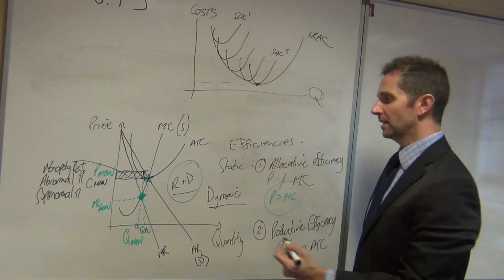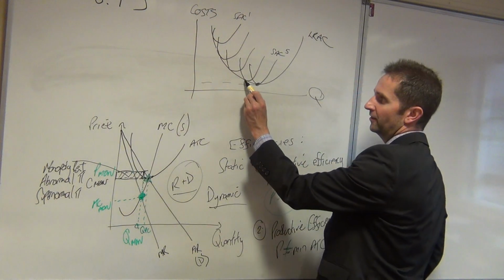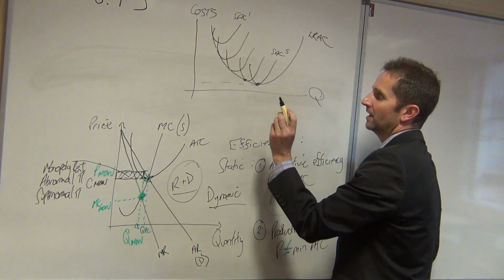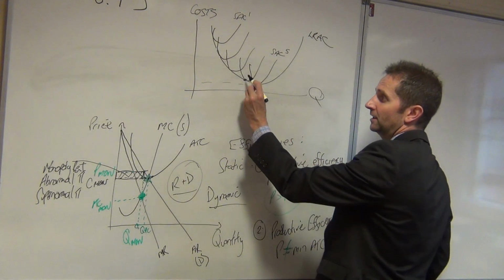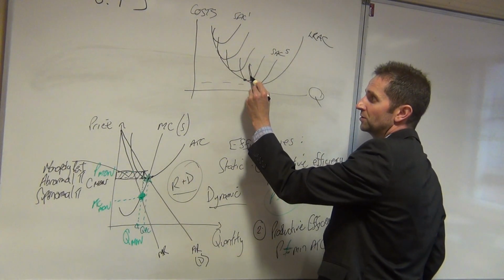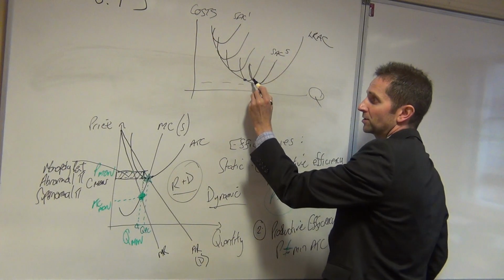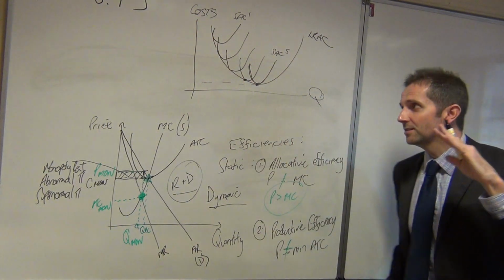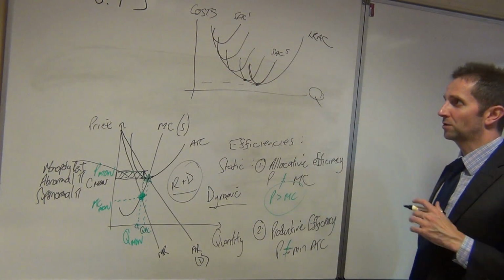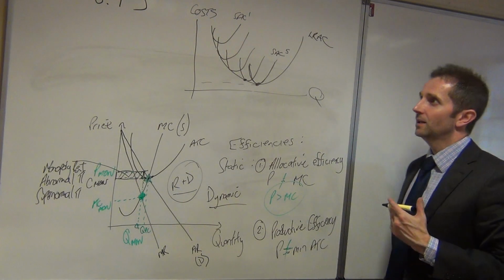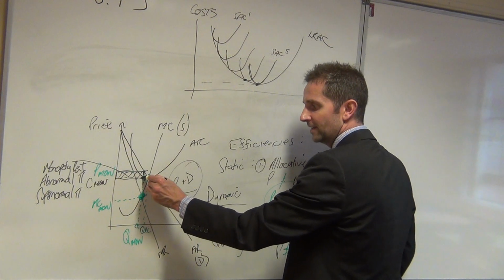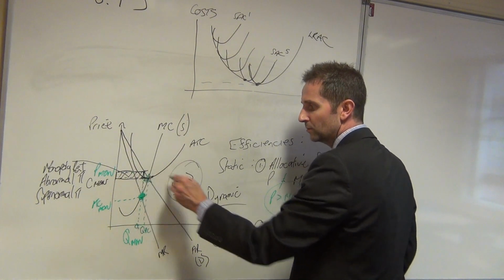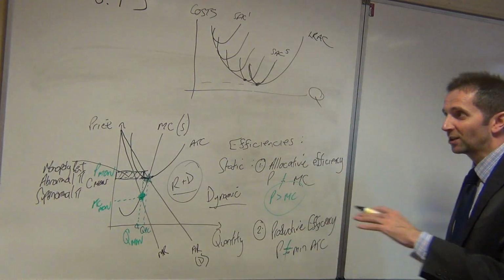And so what we're saying is, the monopolist in effect is at this point here, and if they increase their scale of production, they would move on to this new short-run average cost curve, which would then take them to the minimum point on the long-run average cost curve. And in this way, they would be exploiting the economies of scale, which would reduce their costs.